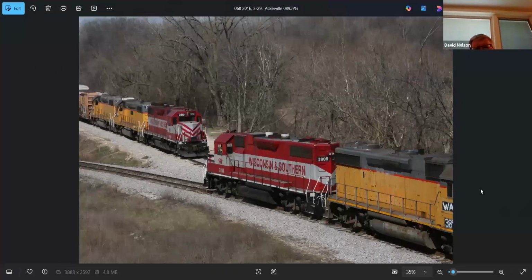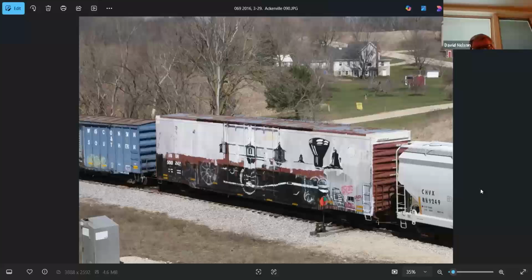Now the power that originally came from Horicon is going forward to bring those cars from West Milwaukee into the little interchange yard here, including this interesting piece of graffiti that apparently the guy ran out of spray paint before he could finish his job.